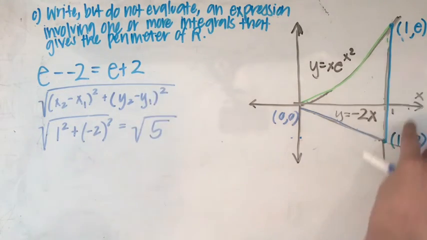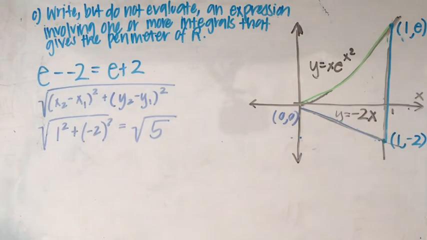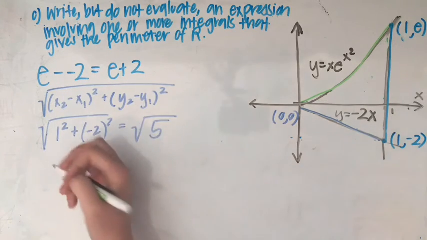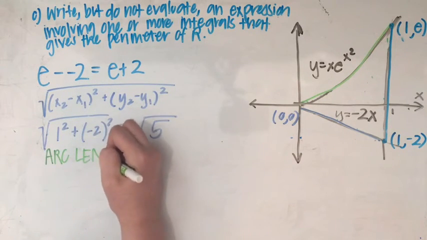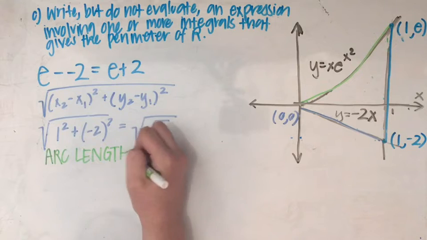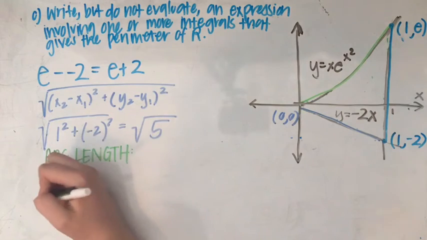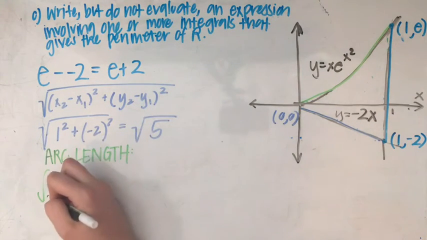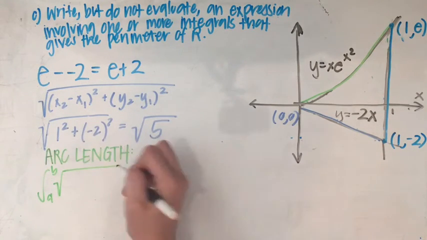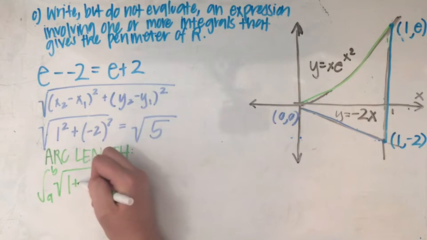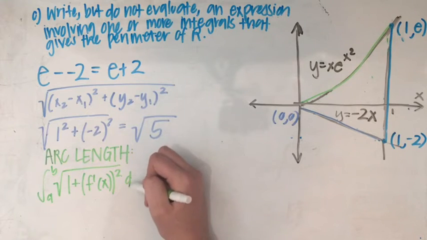So now we have this distance and we have this distance, but we need to find this distance. And this one is going to take something called arc length. And the formula for arc length looks like this, and then I'll explain why. The integral from a to b of the square root of 1 plus f prime of x, quantity squared, dx.